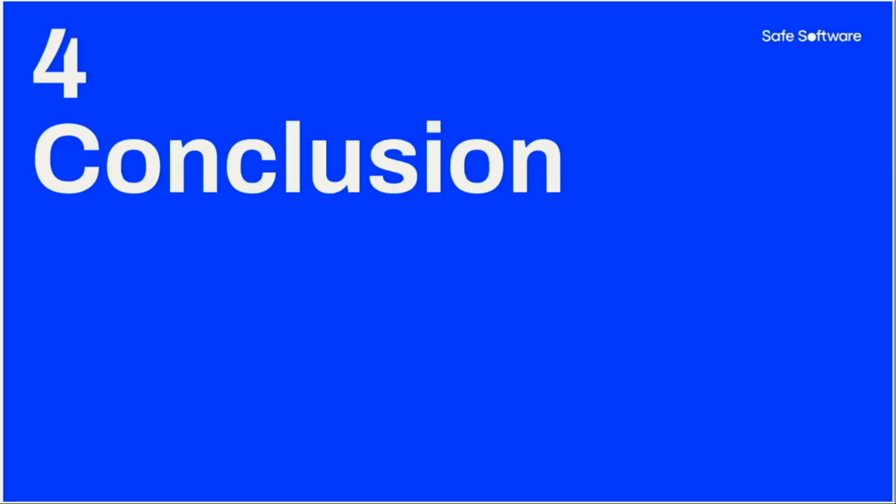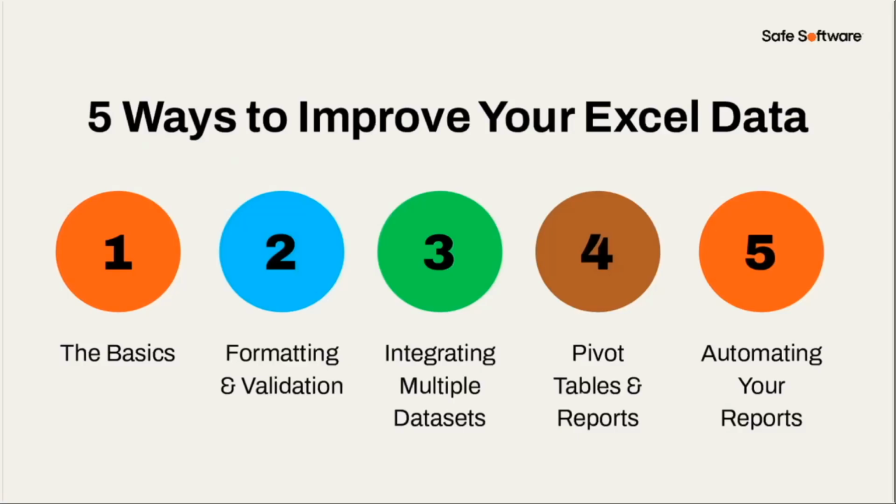And just to wrap things up, we saw a lot today. We went through 5 use cases to show how you can enhance your Excel data. We started with an overview in FME Form, looked at the basics and how to do some summary reporting. And then we further refined that data with some formatting options and some data validation and writing up to SharePoint.